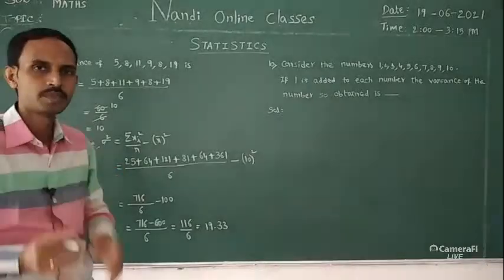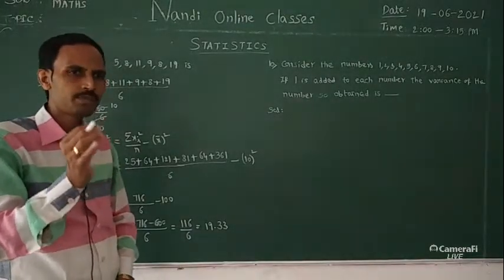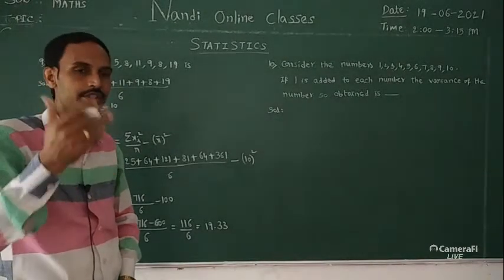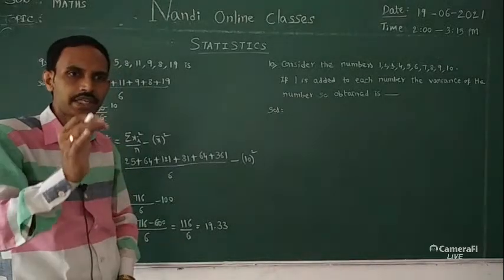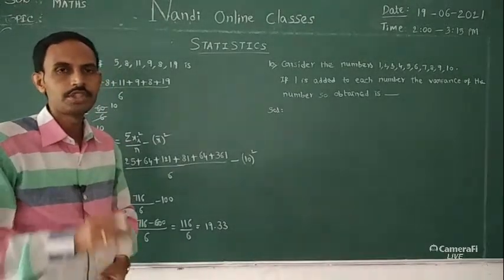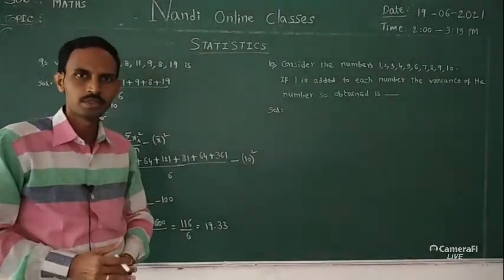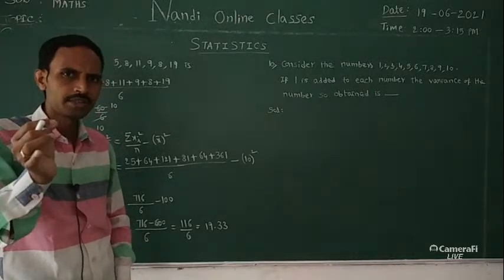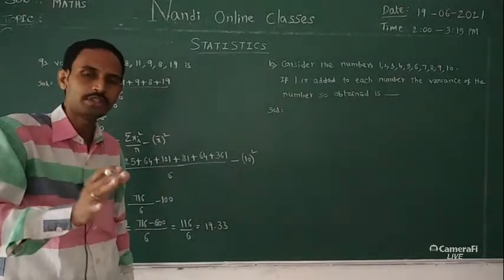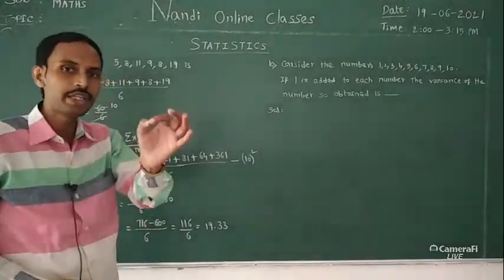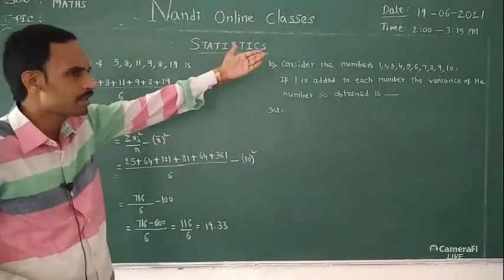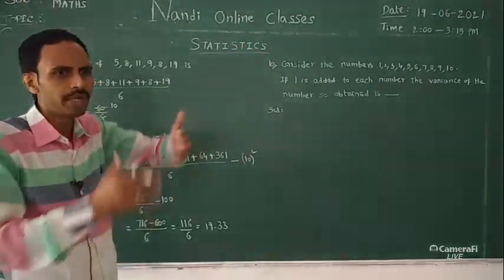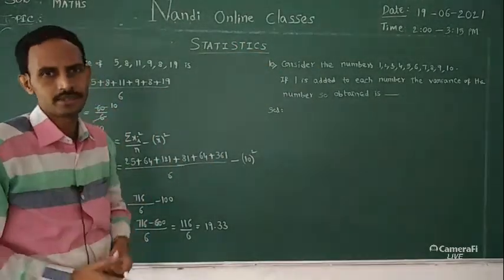Otherwise, see, if each observation is increased or decreased by a constant, the variance remains the same. So the old numbers' variance is the same as the new variance.